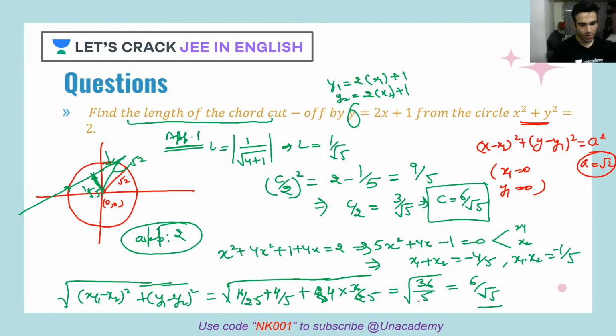Correct? So let's see what Adya has done. I used PQ 2 PM is 2 root OP. Okay. So I guess Adya has used approach number 1, where she has used geometry.